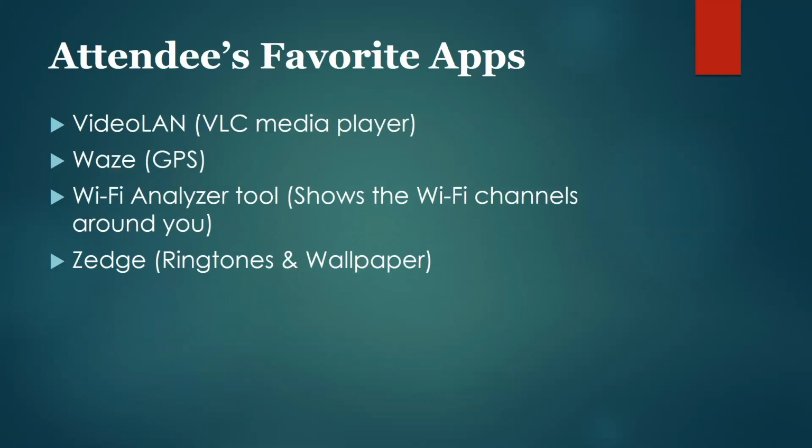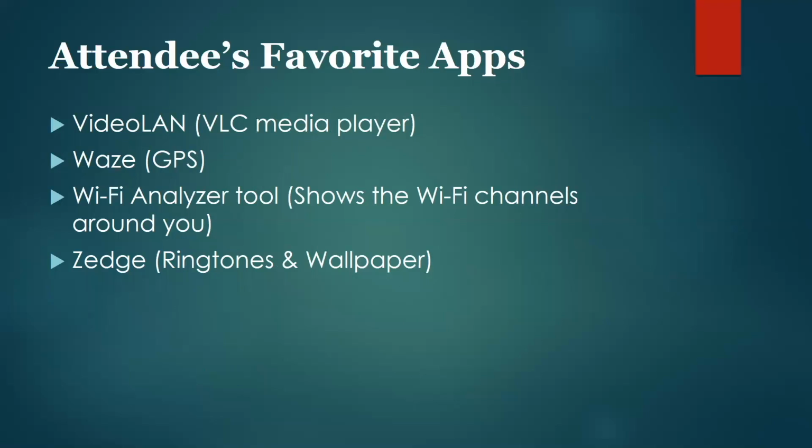There's the VLC media player. If you want to watch a video, then the VideoLAN or VLC media player is very similar to the one that's on your PC. The little one that has the clown hat.